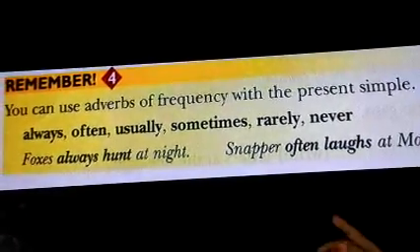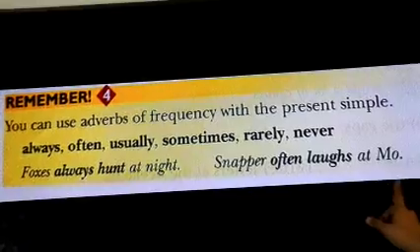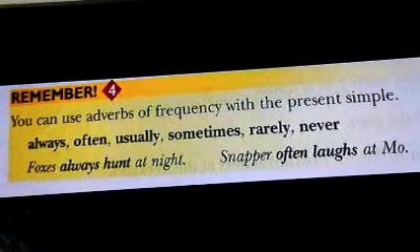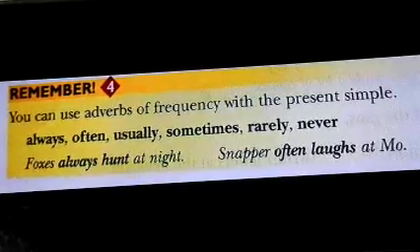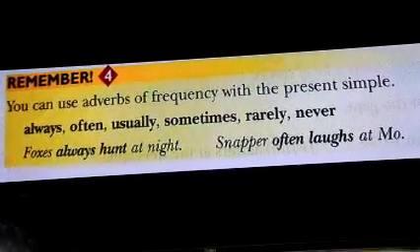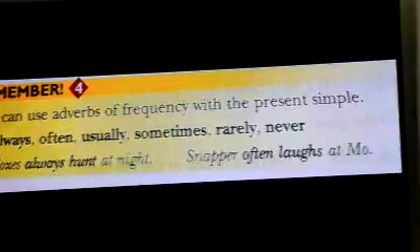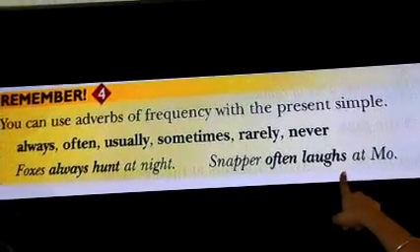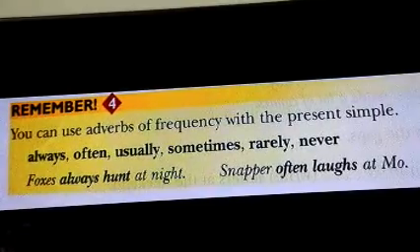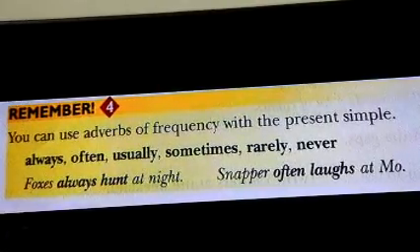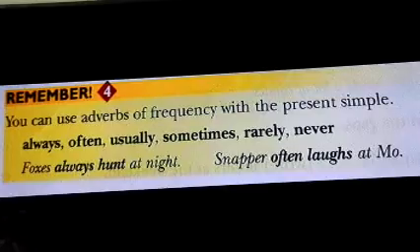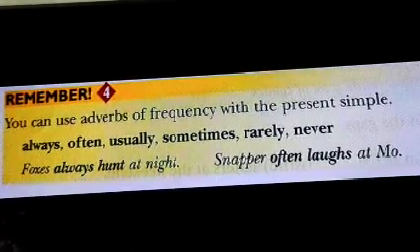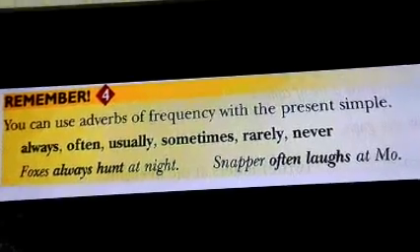That's a fact. So Snapper often laughs at Mo. So Snapper always makes fun of Mo. Snapper's attitude of always making fun of Mo is shown. Snapper is singular, that's why you have laughs. Foxes is plural, that's why you have hunt. Subject agreement with the verb. Foxes is plural, hunt, verb in the plural.